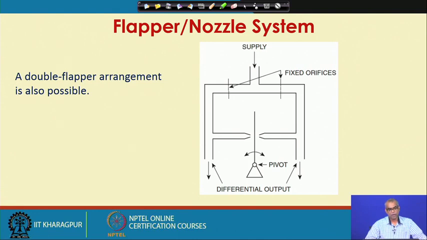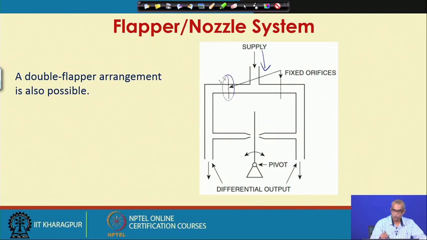A double flapper arrangement is also possible. As of now, we have seen only a single nozzle. So, it is also possible to have a double flapper arrangement. Your supply pressure is this.